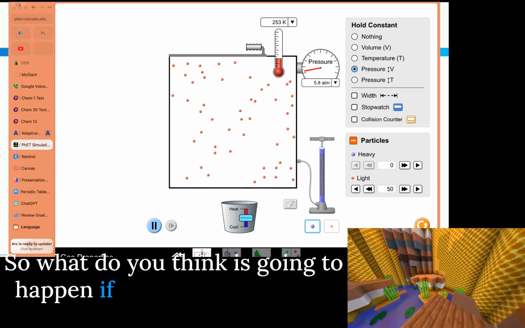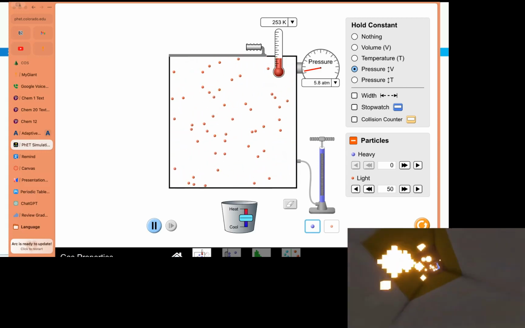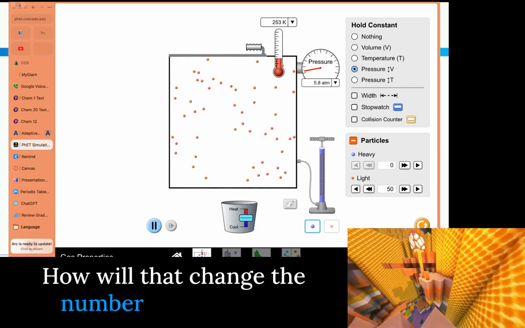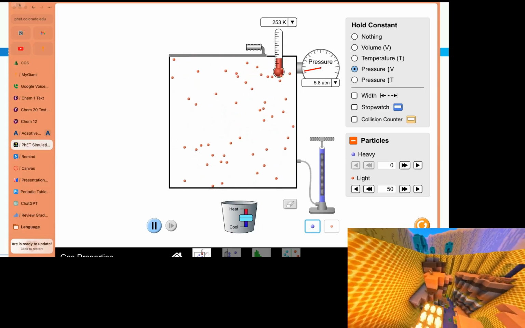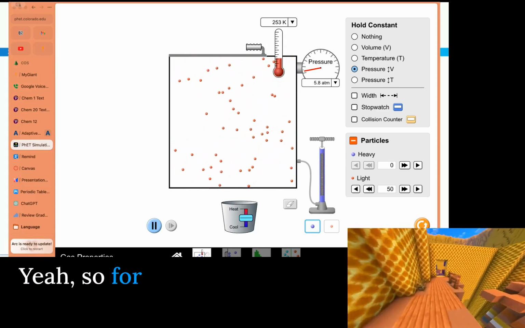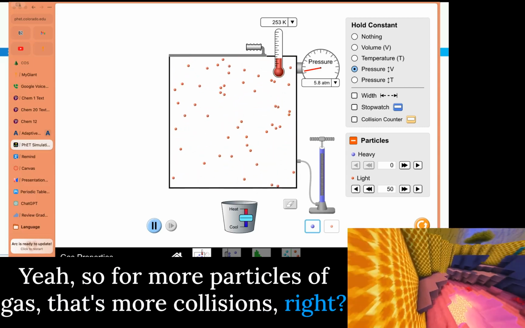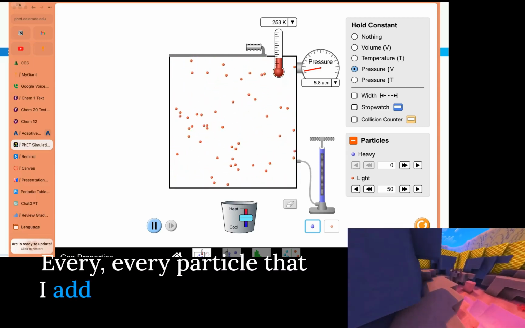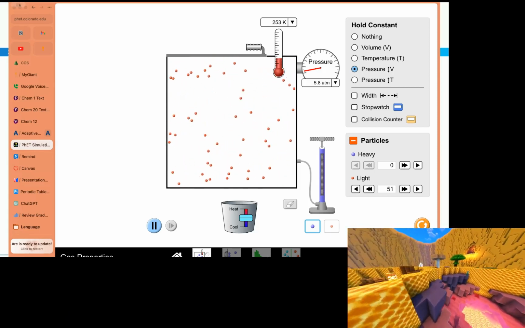So what do you think is going to happen if I add more particles at the same temperature? How will that change the number of collisions? Yeah, so for more particles of gas, that's more collisions, right? Every particle that I add is going to add another collision.